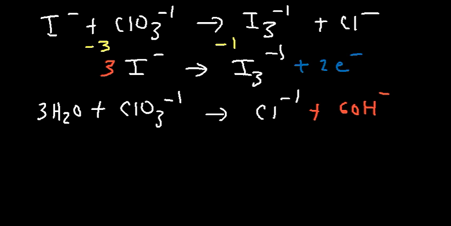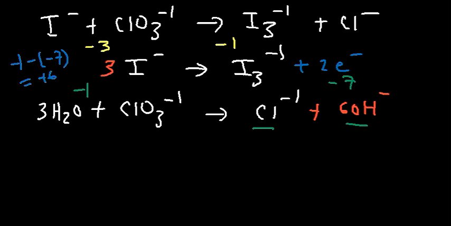The total charge on the left side is negative 1. On the right side we have negative 1 plus negative 6. So we have a total charge of negative 7. These numbers, they differ by 6. If we take the large number minus the small number, negative 1 minus negative 7 is the same as negative 1 plus 7, and you get positive 6.